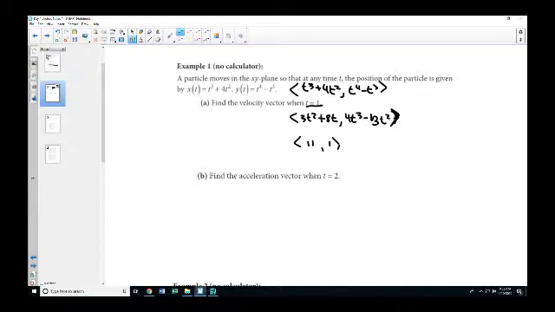Acceleration vector when time is 2. 6t plus 8, comma 12t squared minus 60. T is 2.